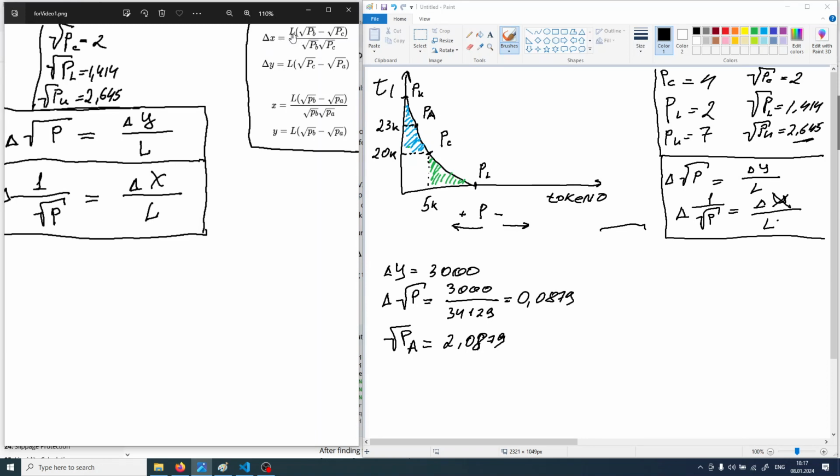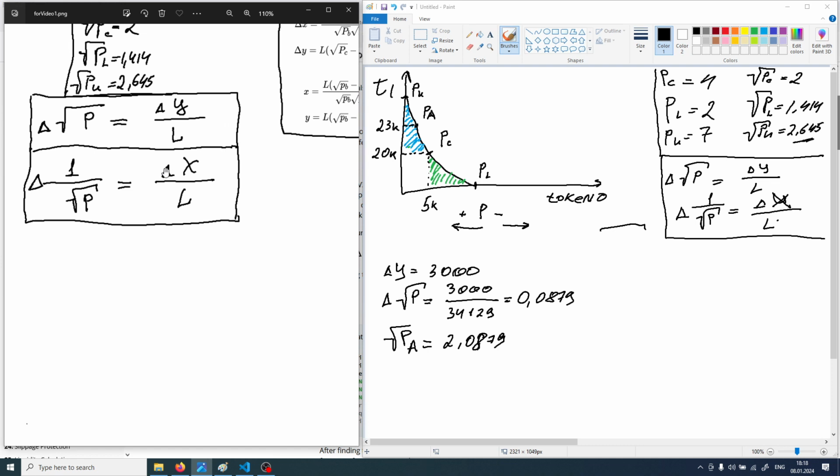So it must be liquidity multiplied by P target minus P current, divided by the square root of P target multiplied by the square root of P current.